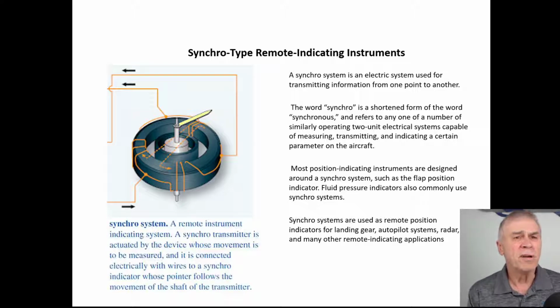As you can see, it looks like a donut type of material. It's colored so that it looks like iron, so it can be magnetized. And you can see there's a pointer and some wires wrapped around the coil, wrapped around the donut.